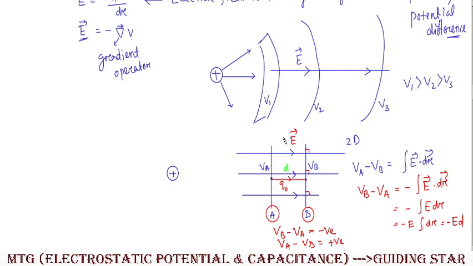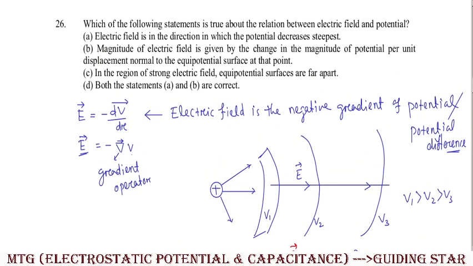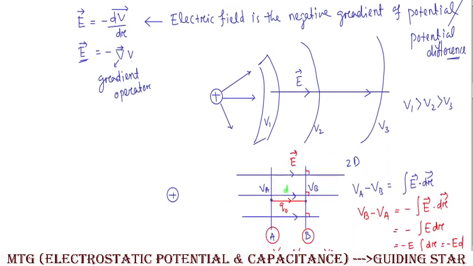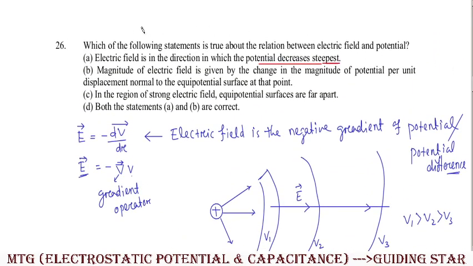Alternately, the statement says the electric field is in the direction in which potential decreases the steepest. Potential decreases the steepest means that where the potential decreases abruptly, suddenly, in that direction the field will be. Where the potential changes gradually, slowly, the field will not be; in the direction where it changes abruptly, in that direction the electric field will be. So this statement is correct.